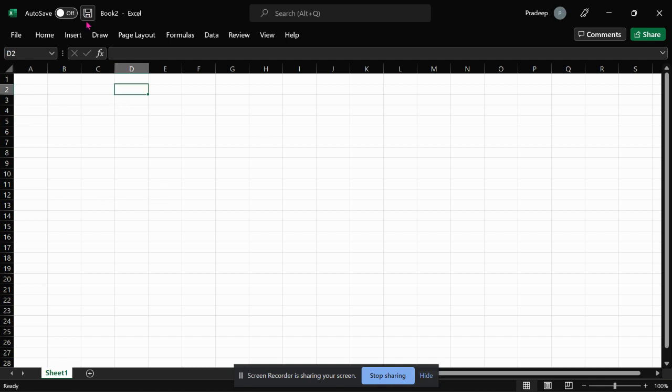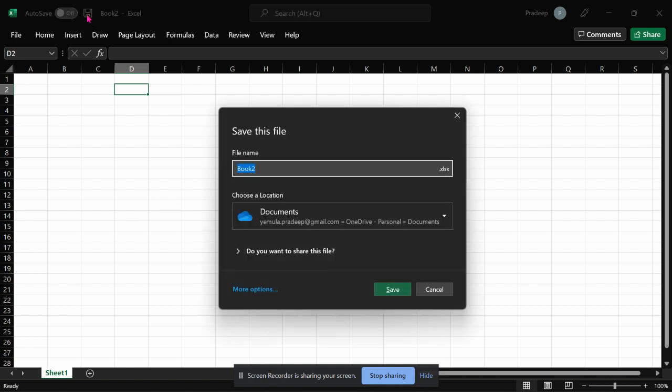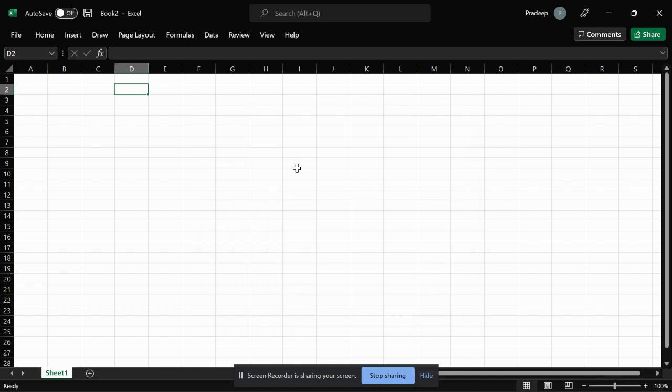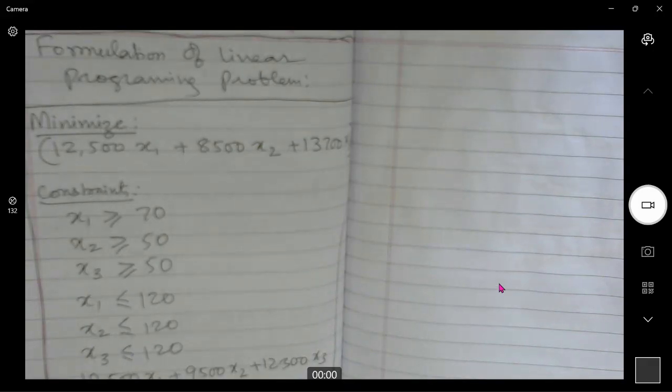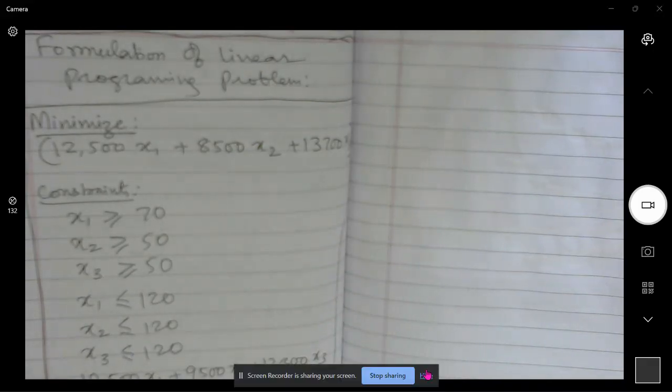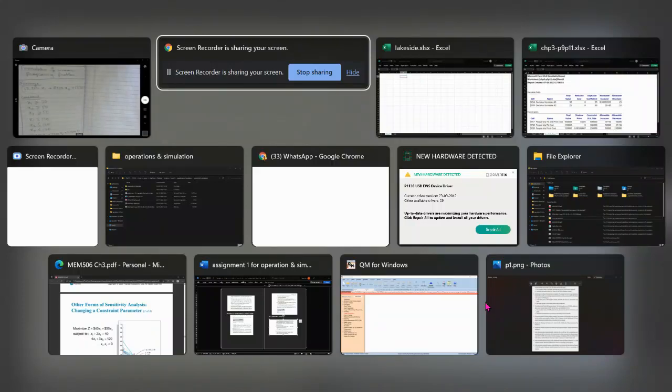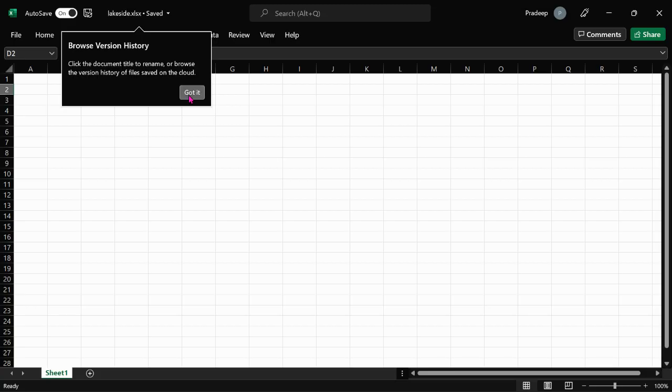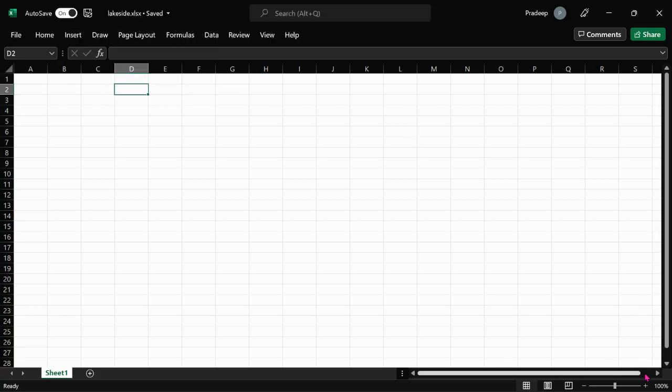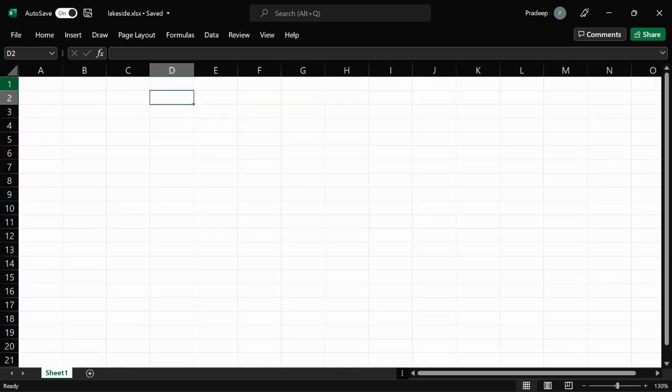Now, just to be safe, I'll save this file. Let's call this Lakeside. Slightly increase the magnification.